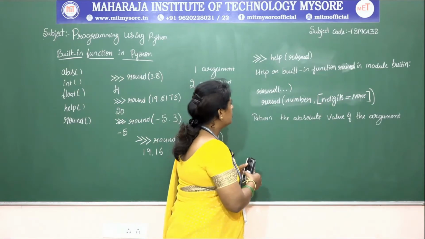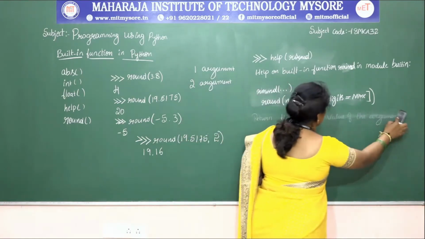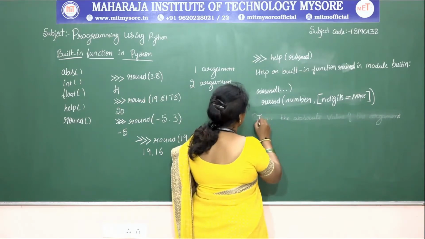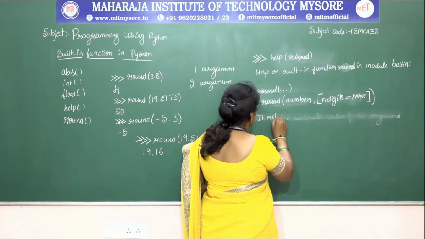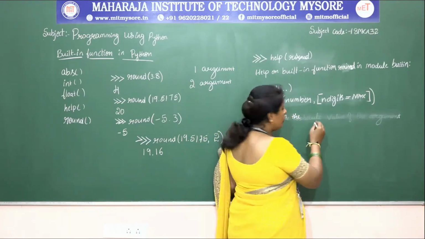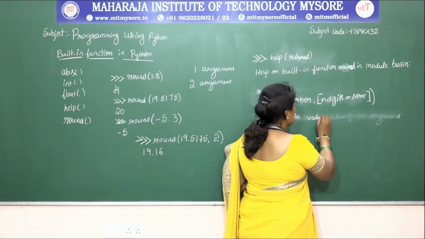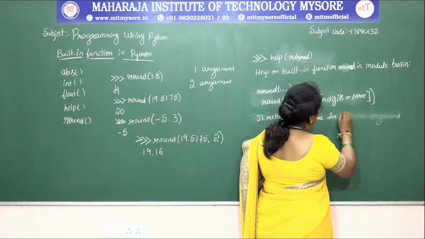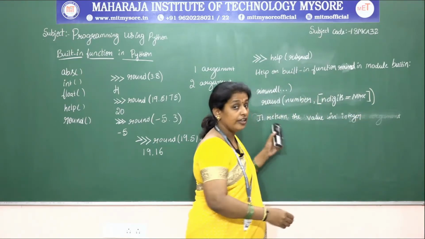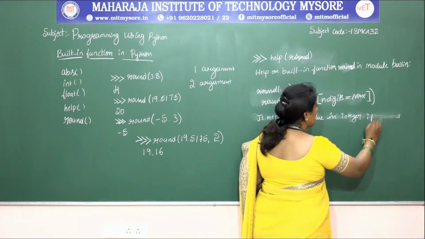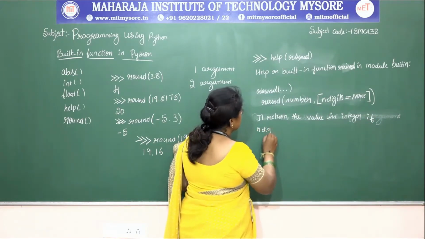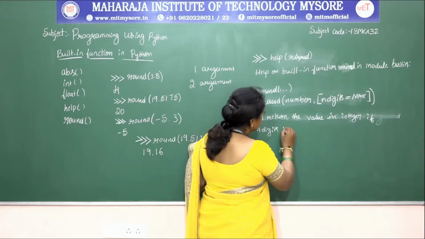The English statement is: return the value in integer if n digits is omitted.